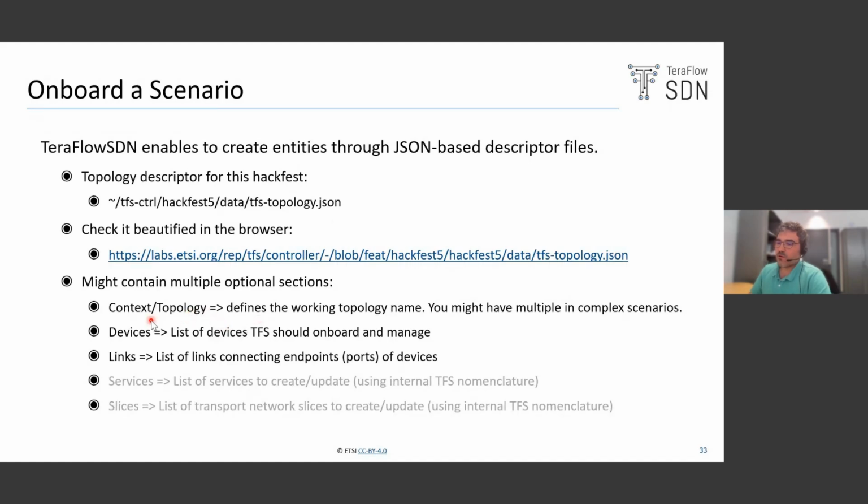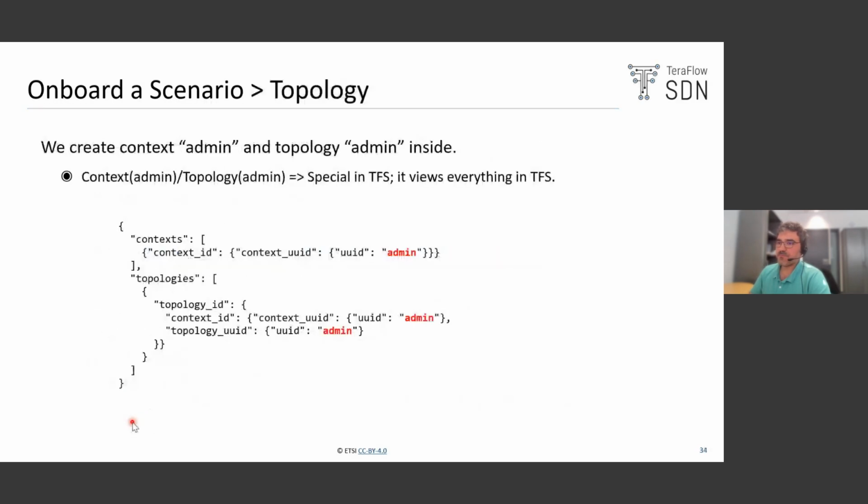What we will cover here is the creation of the context and the topology, also the descriptor for onboarding the devices, and also for onboarding the links. We will skip the part of services and slices because this is also covered in other Hackfests. And in this case, we will use an IETF layer 3 VPN data model instead of the custom Teraflow endpoints.